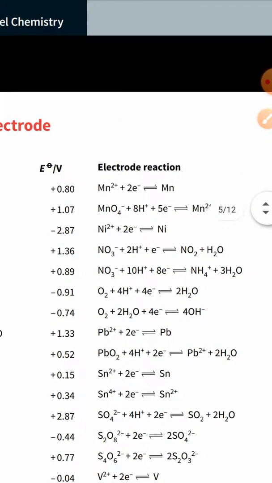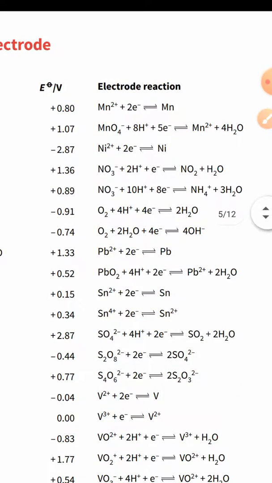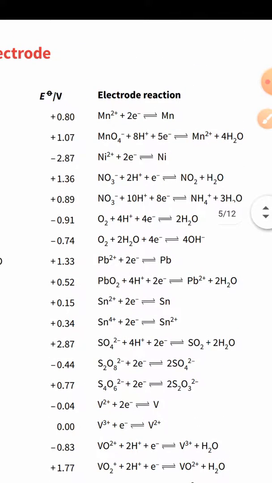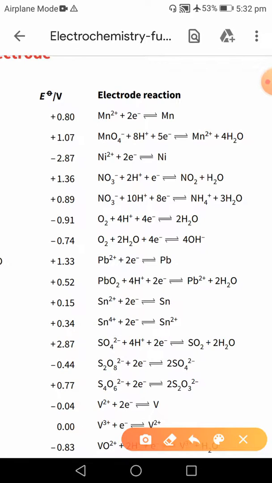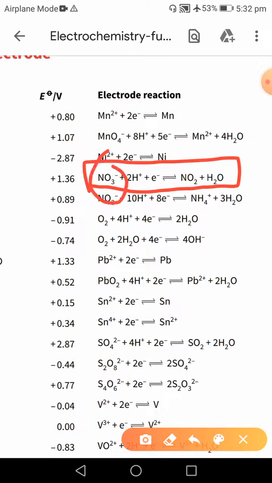Okay, then, what about here? Here we have got nitrate, isn't it? So here we have got nitrate and we have got NO2.